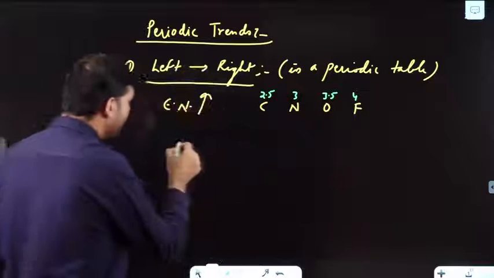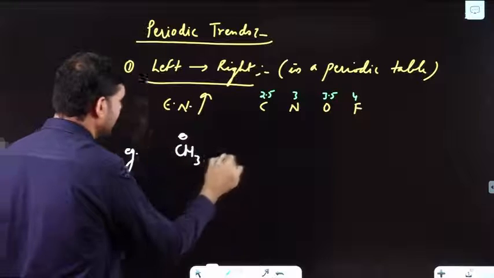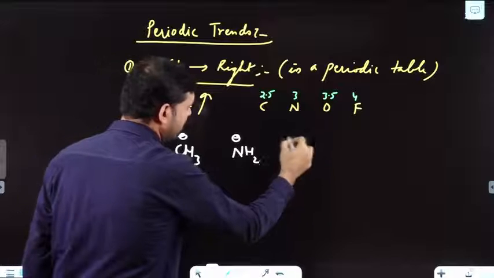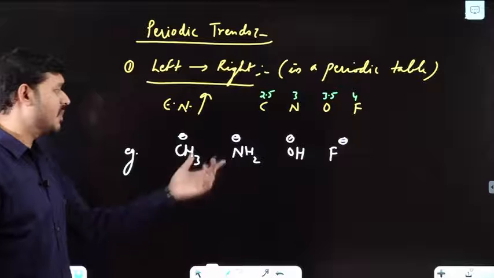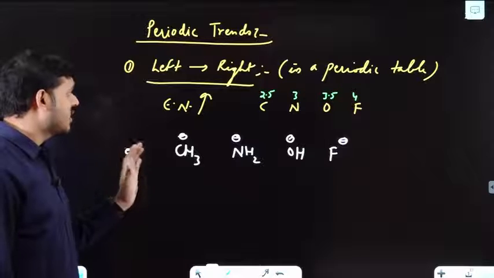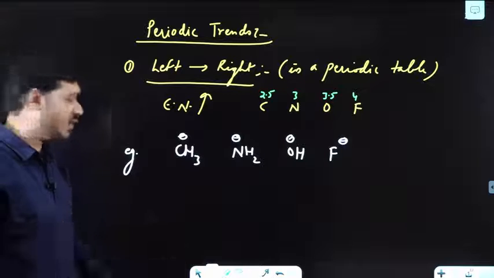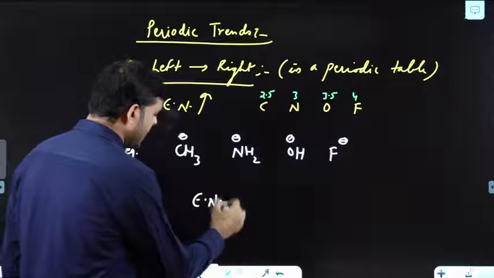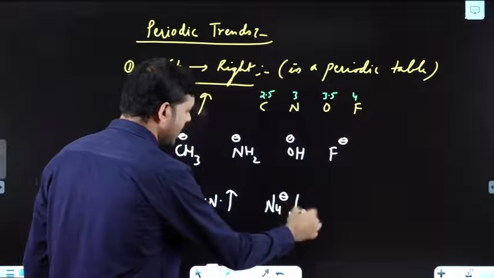So the order in this case will be, for example, CH3 minus, NH2 minus, OH minus, F minus. Okay, so simply you can understand, as the electronegativity increases, the nucleophilicity as well as basicity decreases.